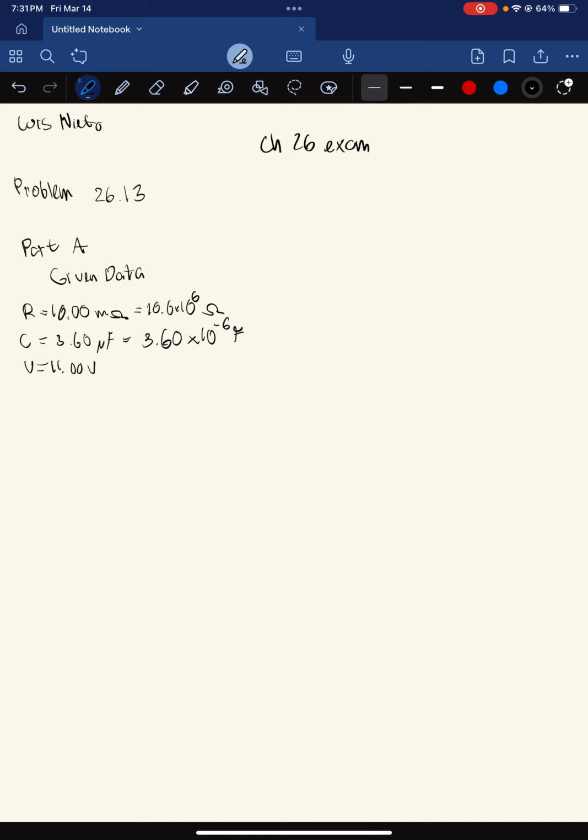To get the final charge on the capacitor, it's pretty easy. We just multiply the capacitance by the volts. So 3.60 times 10 to the -6 multiplied by 11.